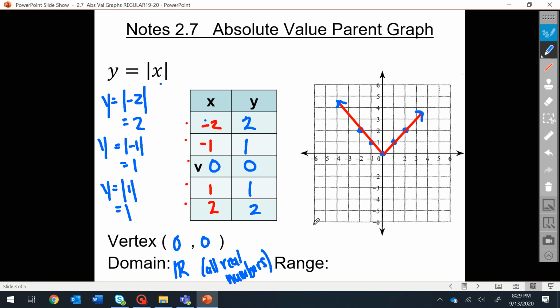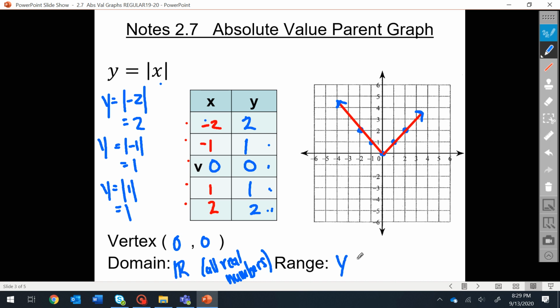For the range, however, if we look at the y values, 2, 1, 0, they're going down, but then they start going back up. If we want to encompass all of the y values, then the y values are everything above 0: 0, 1, 2, 3, 4, 5. The y values never go below 0.